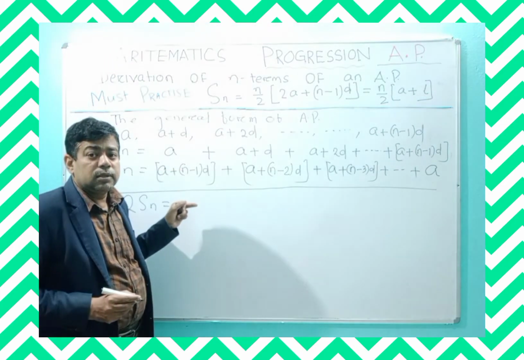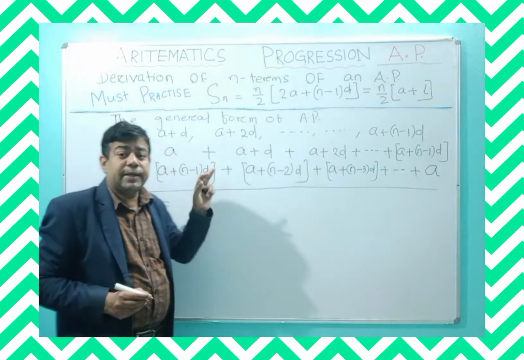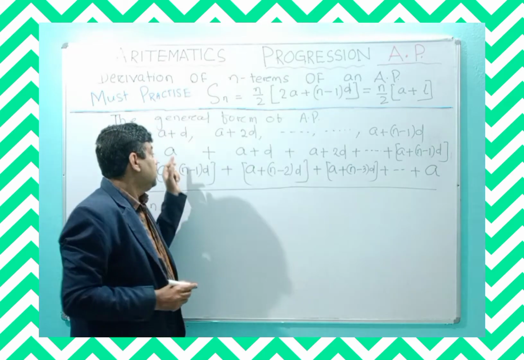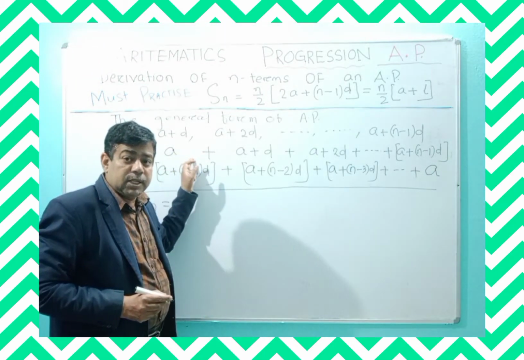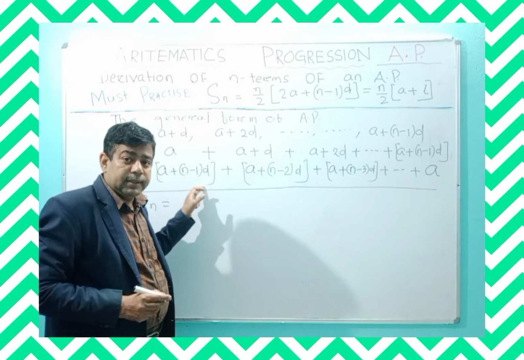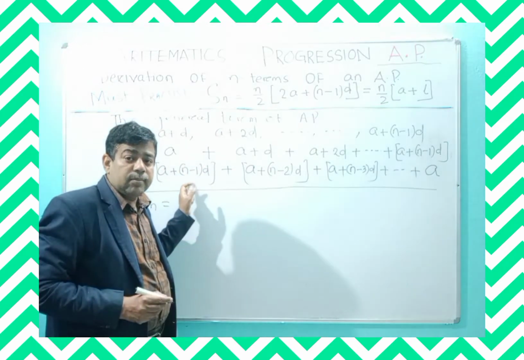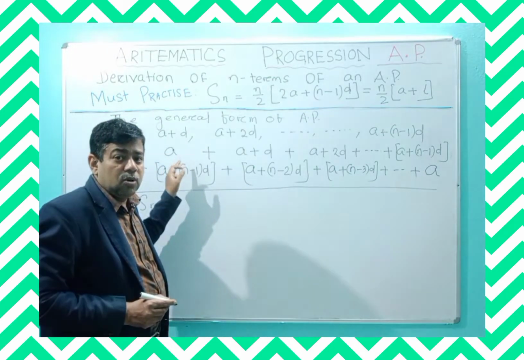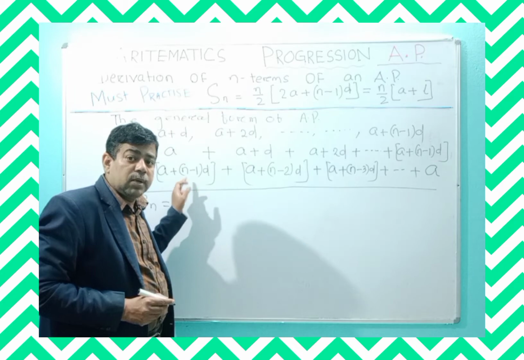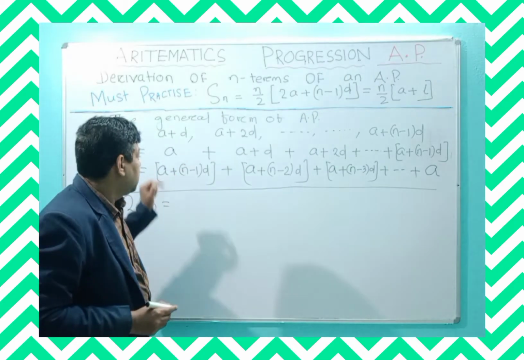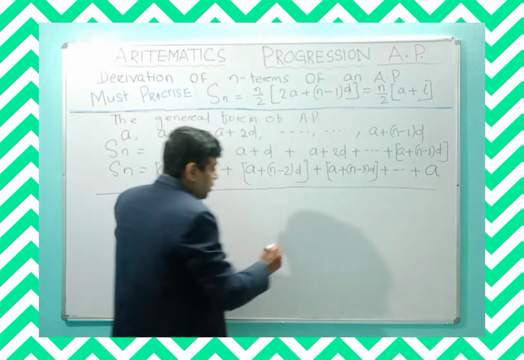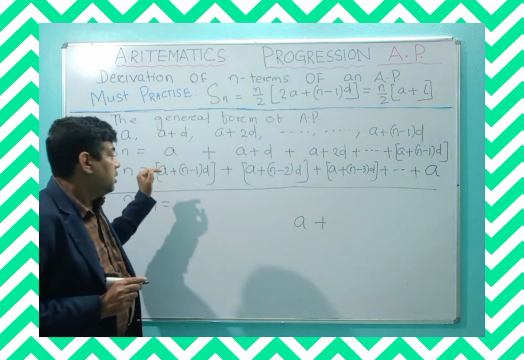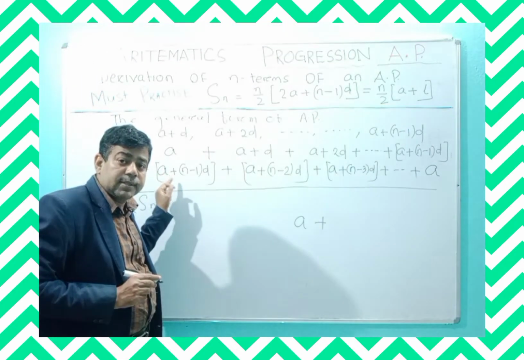Similarly, whenever we are adding the RHS, we have to add the corresponding terms of the two equations. It means the first term of the first equation will be added with the first term of the second equation. Now what is the first term here? The first term of the first equation is a. What is the first term of the second equation?